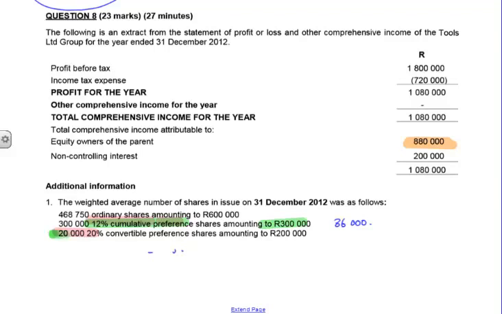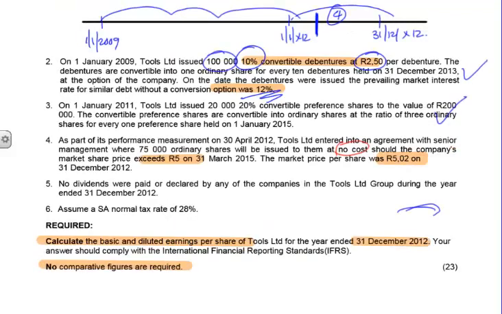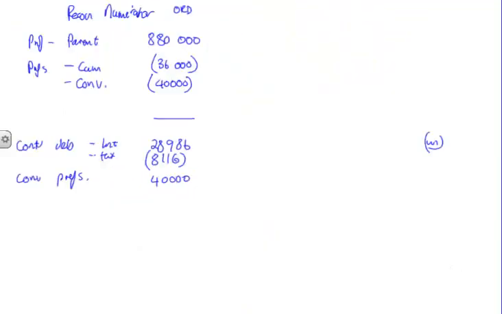In the case of non-cumulative, it doesn't say there, so I'm going to assume those are non-cumulative. And just to make this point, that means this number here would come out, and that number there obviously would come out as well. So I'm not going to put those in, and I'm not going to put that in either.